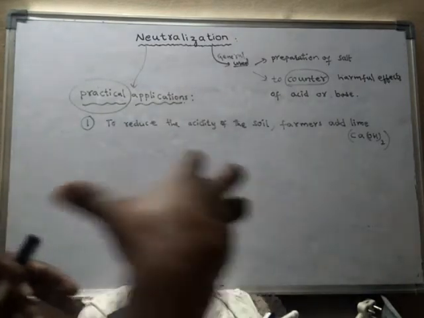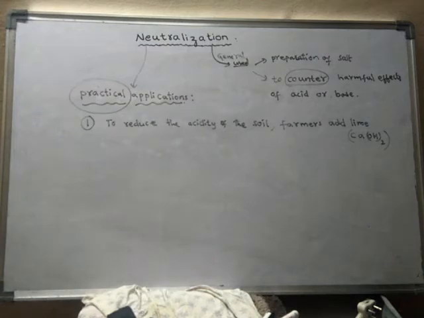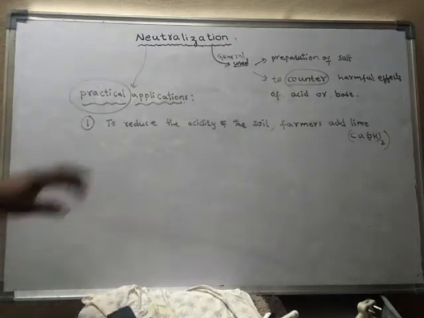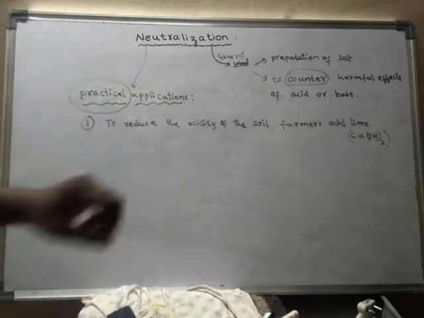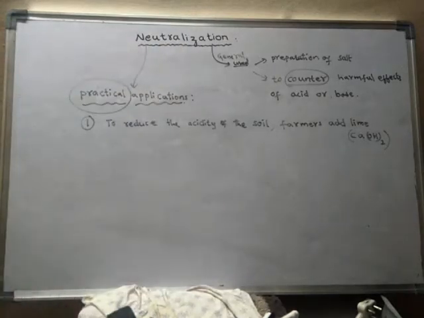The acids present in the soil will be neutralized by the lime, calcium hydroxide, so that the soil becomes less acidic or neutral and the plants grow healthily. So this is one of the practical applications of neutralization reaction.